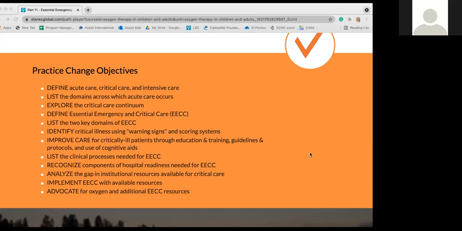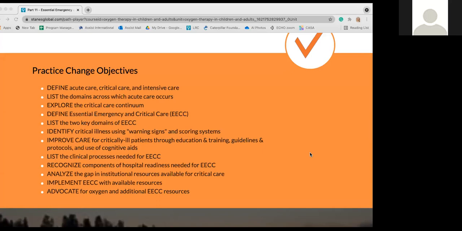So we needed to do an exploration of the critical care continuum to define essential, emergency, and critical care, which we did. We should be able to list the two key domains of essential emergency critical care, which include identification and readiness to manage essential or common critical care problems.